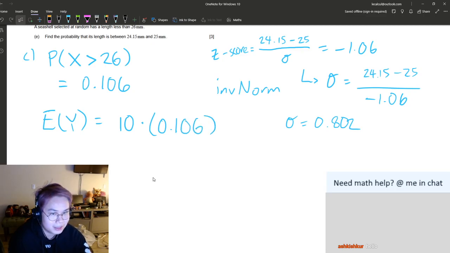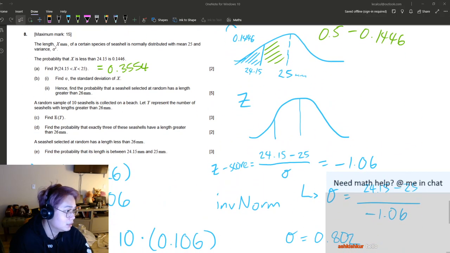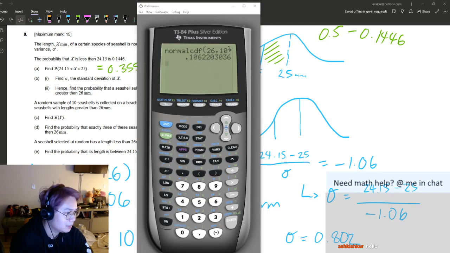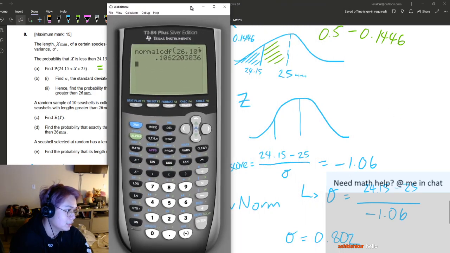So we just multiply these together, so you get 1.06. And you can leave it as a decimal, I'm fairly sure. But let me double check real quick and go to the answer key. Yeah, you can leave it as a decimal because expected values, you don't necessarily need to round them to a discrete value, even though seashells are a discrete thing.